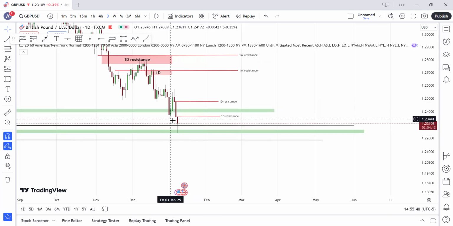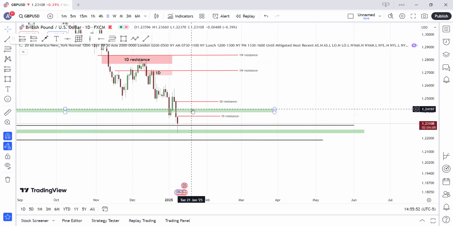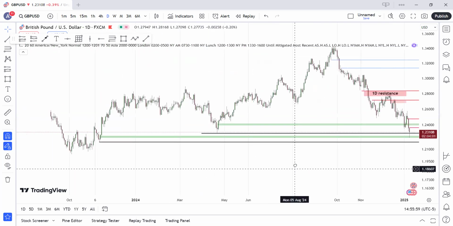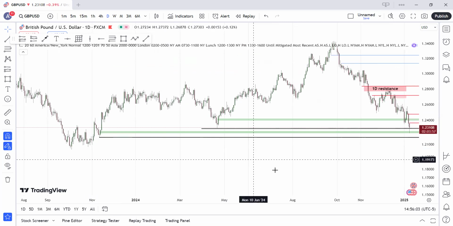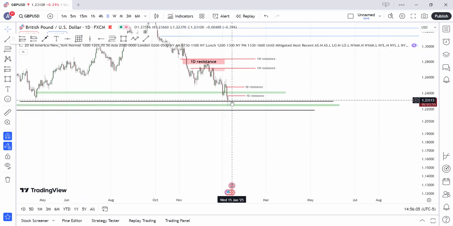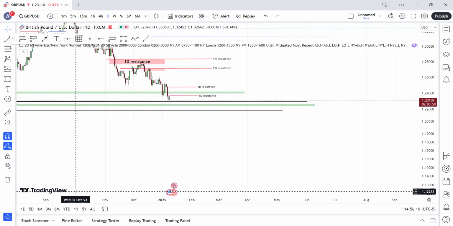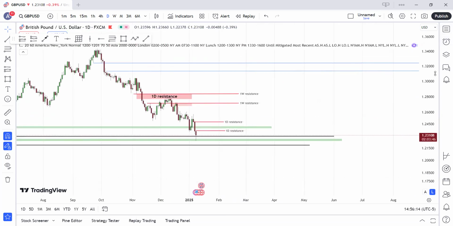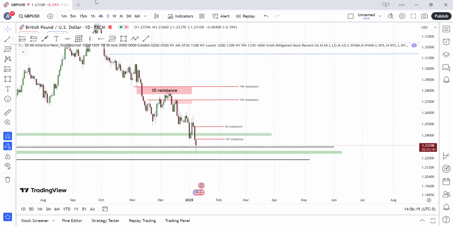Okay, we have a daily resistance. So we could potentially come back higher into that and trade lower below this low, because we do have a low right here, and we have this low right here. But could potentially retrace into that and then trade lower. That's the whole idea that I have currently. Will it do that? Will it respect that? We don't know. We'll just have to wait and see.